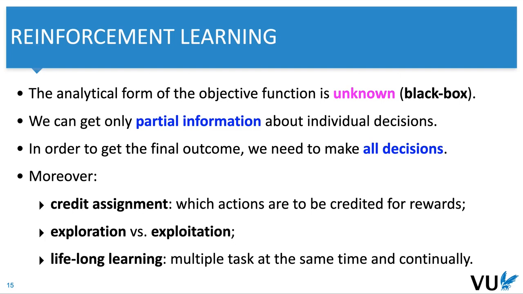Personally, I believe that if we come up with a good mechanism of learning multiple tasks at the same time, without forgetting them, and only upgrading them, then we will be able to say that we have a real AI machine.